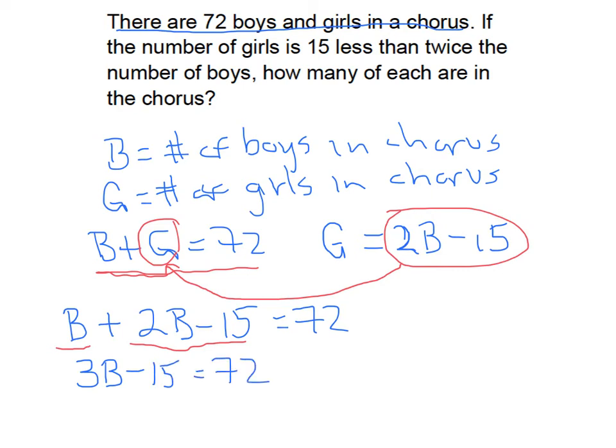Adding 15 to both sides is going to give us 3b equals 87. And then dividing each side by 3 produces the result of b equals 29. So what we're claiming is that there are 29 boys in the chorus.